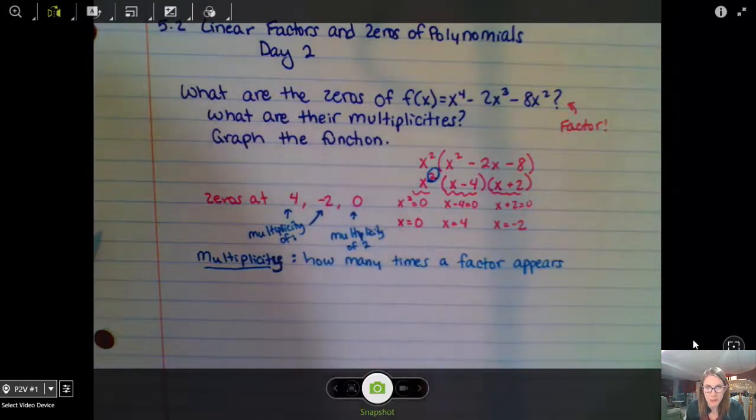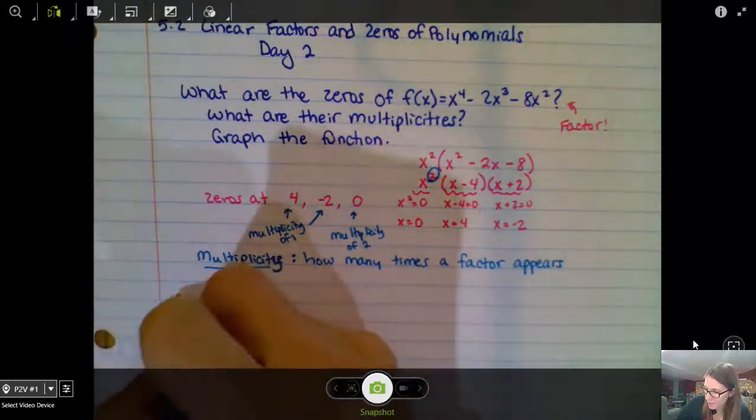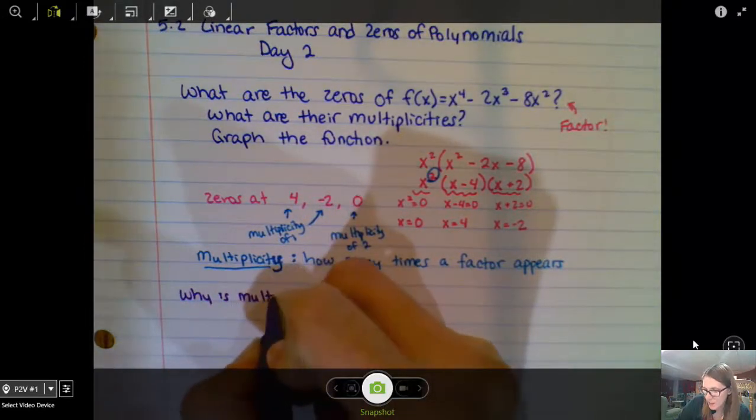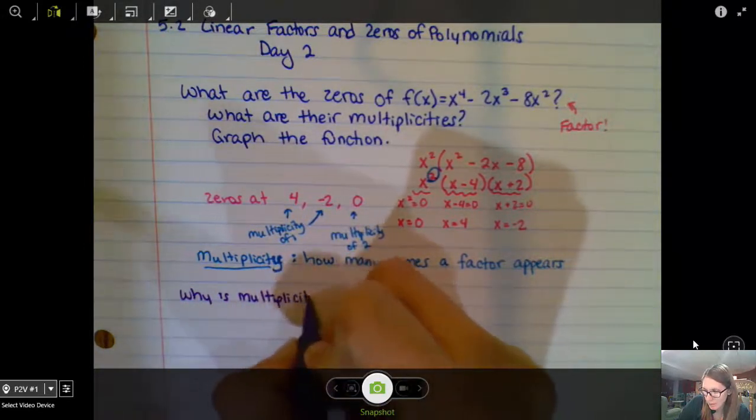So why on earth is multiplicity important? Why can't we just keep going like we normally would?